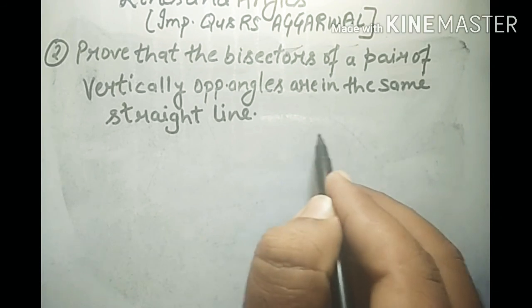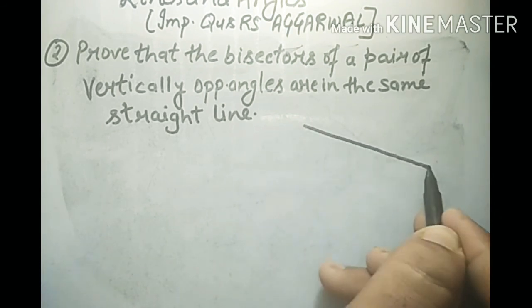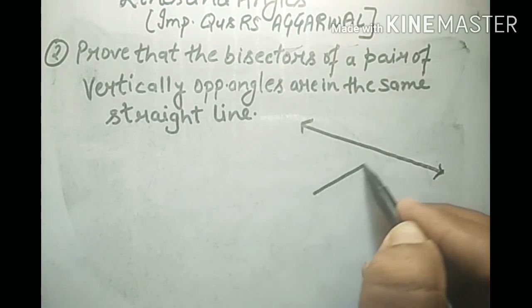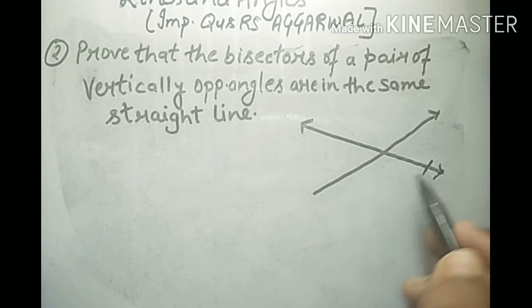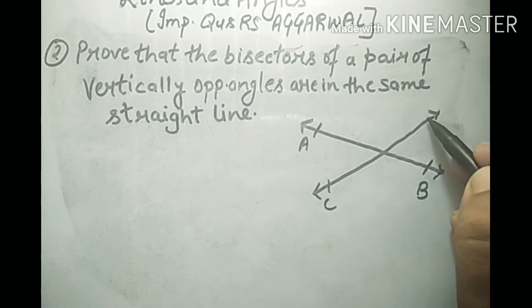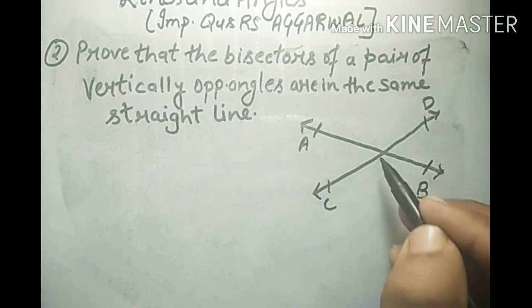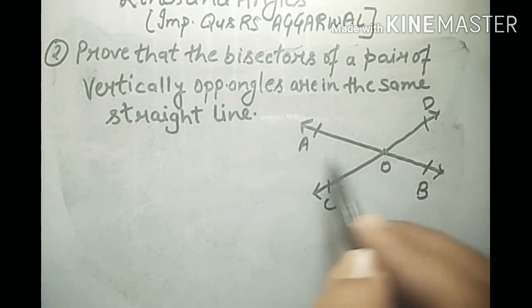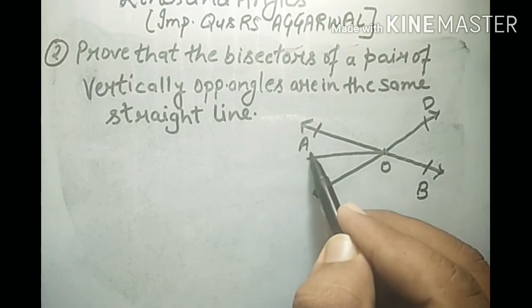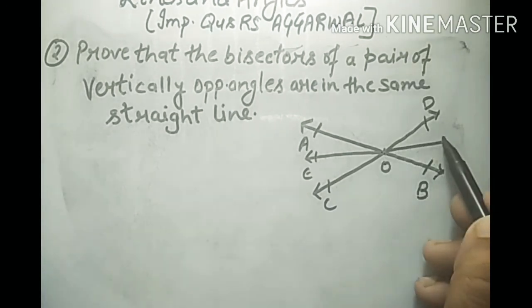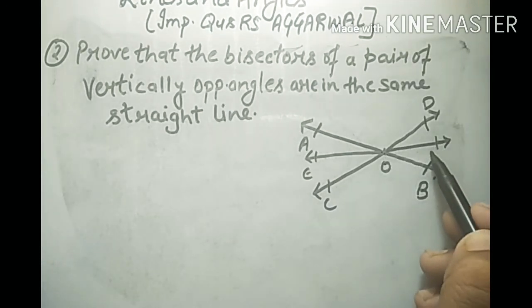So here are two straight lines intersecting each other. Here's a pair of straight lines AB and CD, intersecting each other at a common point O. Okay, and these are the bisectors OE and bisector OF.